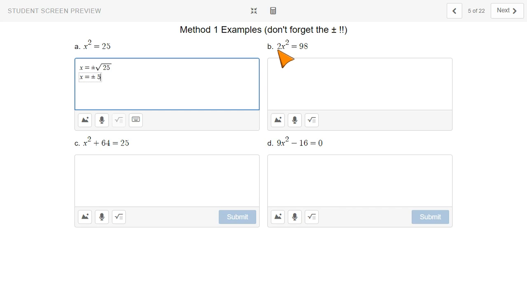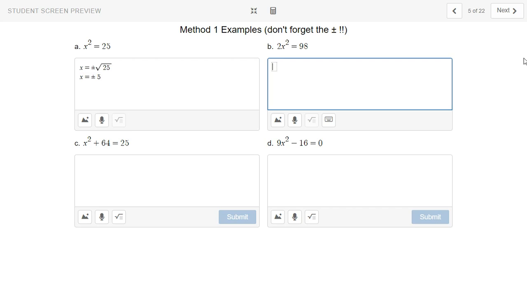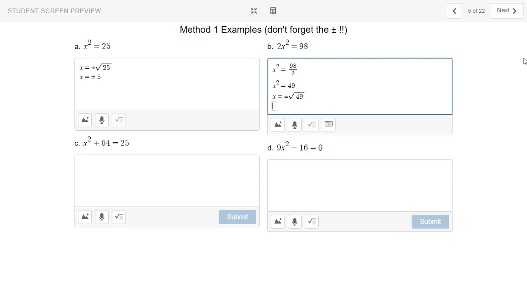We're going to peel away each section until we get to the square root. So let's divide both sides by 2 first. X squared is equal to 98 divided by 2. X squared is equal to 49. X is equal to plus or minus square root of 49. And so x equals plus or minus 7.